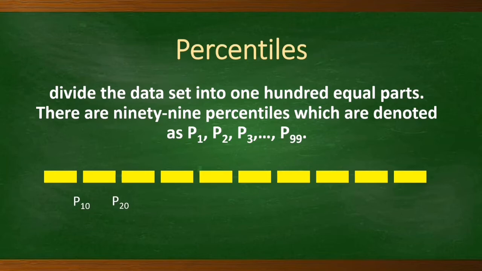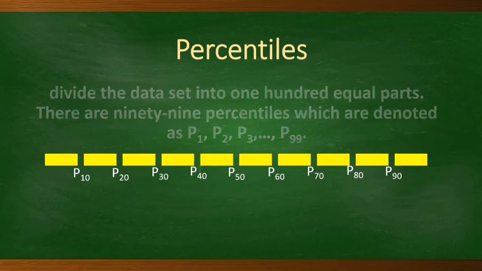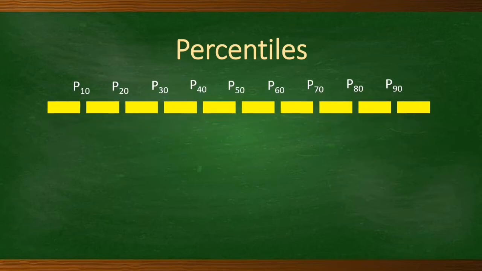This is P sub 20, P sub 30, P sub 40, P sub 50, P sub 60, P sub 70, P sub 80, and P sub 90. If the data are arranged in ascending order, P sub 1, or the first percentile, would mean that 1% of the data lie below it.